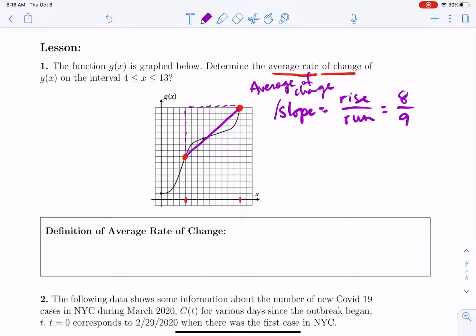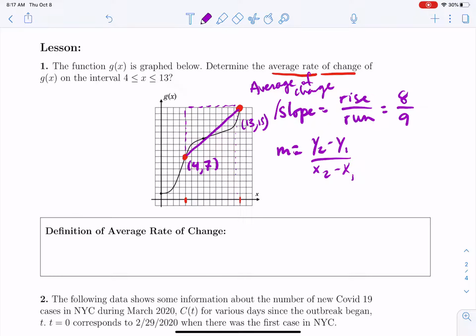If I were to do this using the slope formula, what I would need to find is the values of the points. So at 4, my y value is 7. And at 13, my y value is 15.